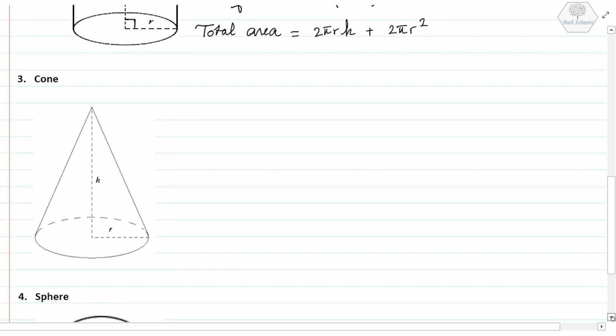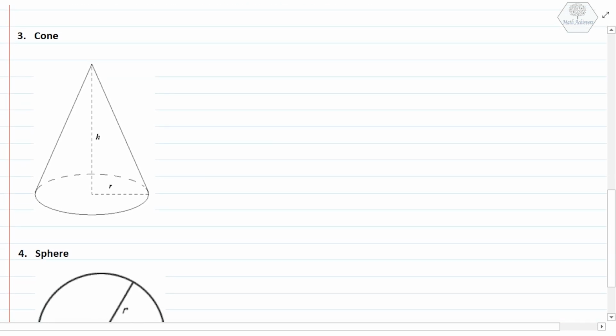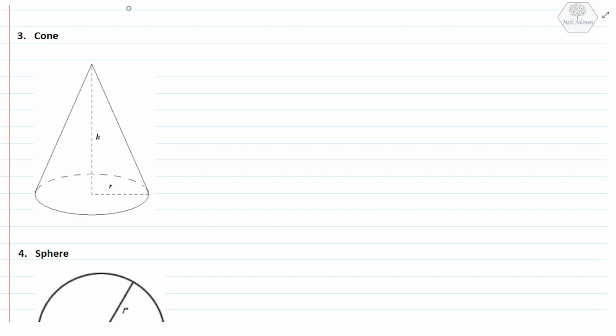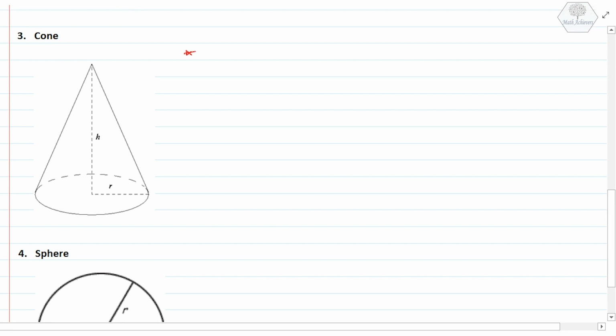Let's see the cone. The cone is not a regular prism.